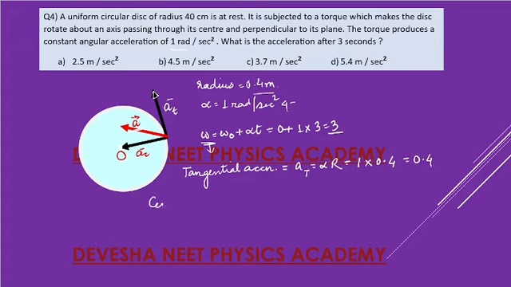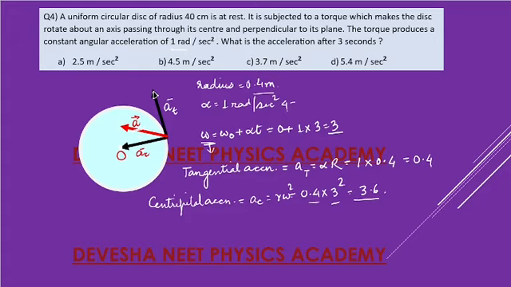What is centripetal acceleration? Centripetal acceleration Ac is equal to r omega square, which is 0.4 into omega square, where omega is 3. So this becomes 0.4 into 9, which is 3.6.